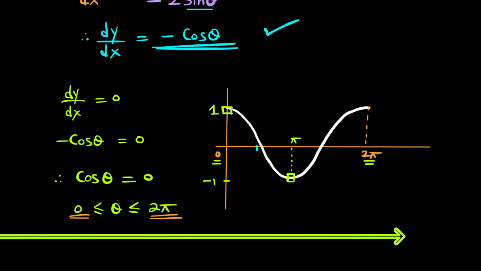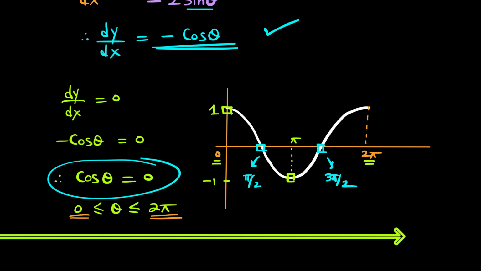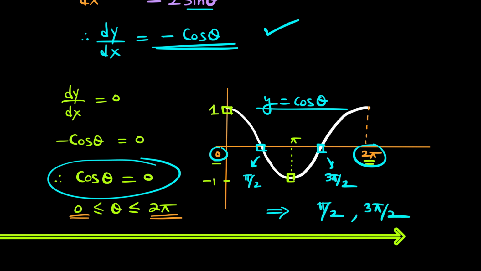What else is there? There are two roots. Roots means the x-intercepts. This is pi by 2. This one is 3 pi by 2. And the answers for this equation are based upon the graph of the function y equals cosine theta between 0 and 2 pi. Therefore, the answers are pi by 2 and 3 pi by 2.